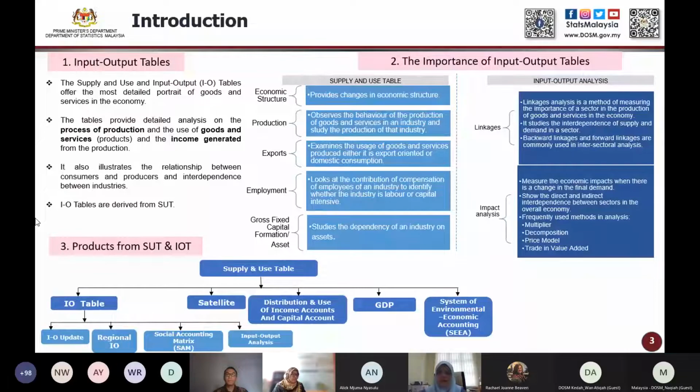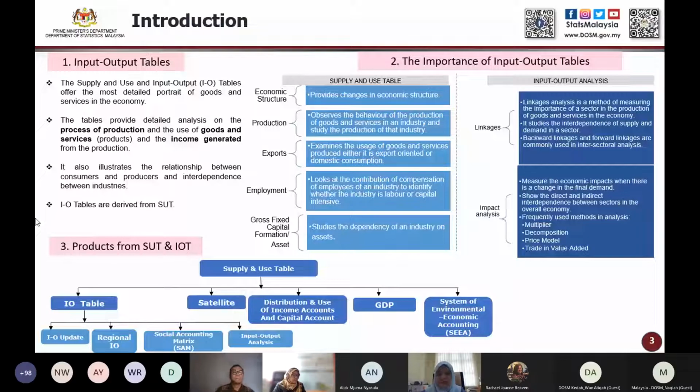Okay, the importance of the IO table. So we go to the supply and use table. Supply and use tables can provide the change in economic structures. For production, we can observe the behavior of the production of goods and services in an industry and study the production of that industry.